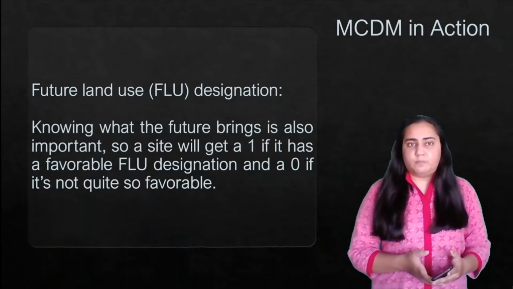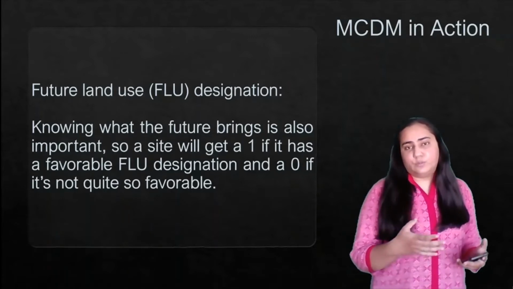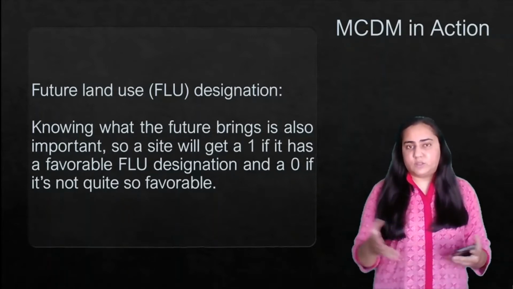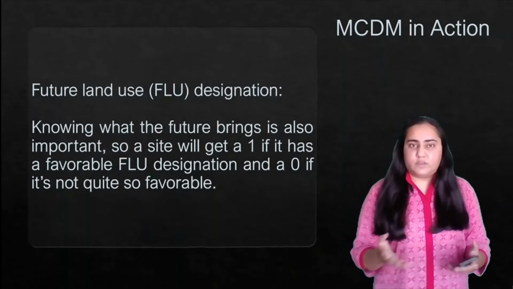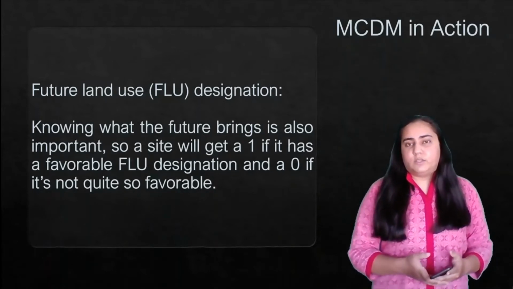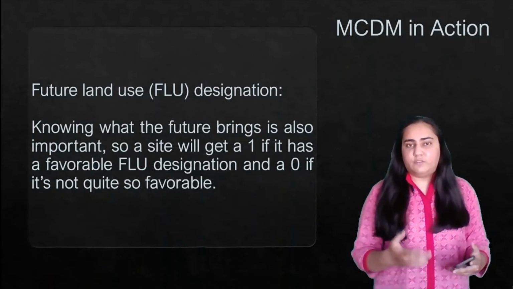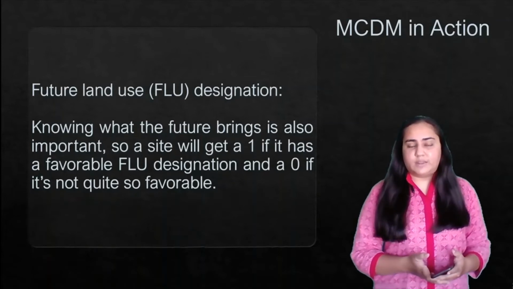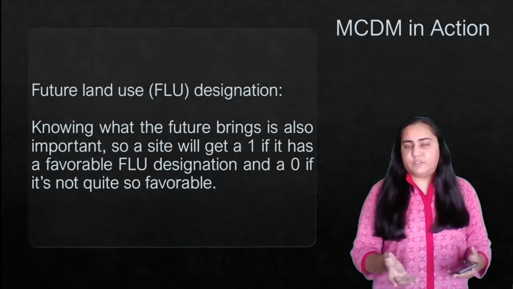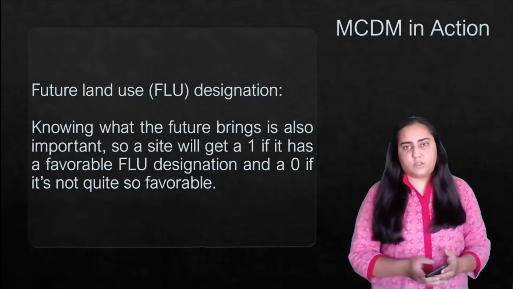And at the same time, you don't want to have to move the factory somewhere else at a later stage because this area has developed into a residential area. So future land use is another thing that's important. If you find out what's going to happen to the land nearby or that land itself, and it's favorable for your project, it should get 1. If it's not, then a 0.